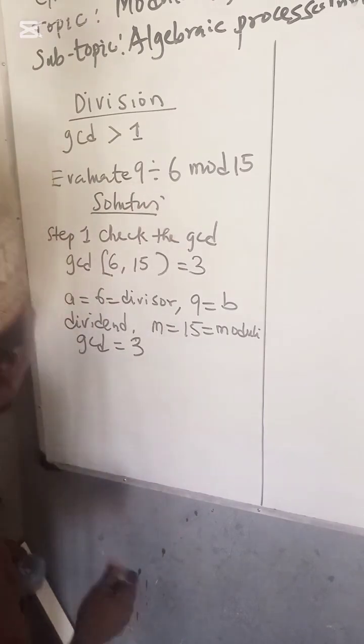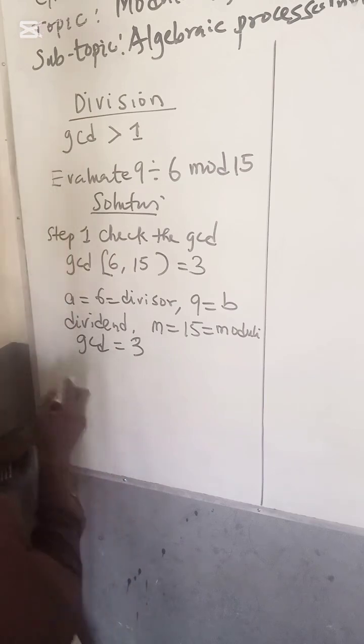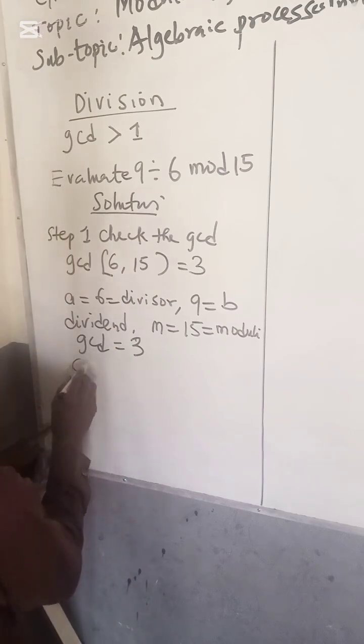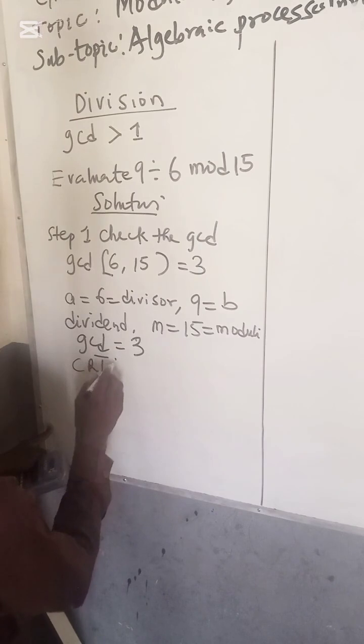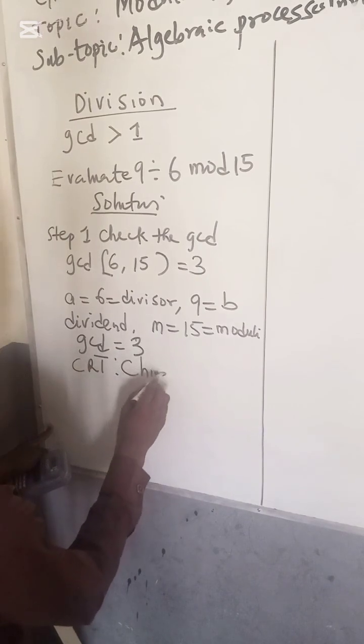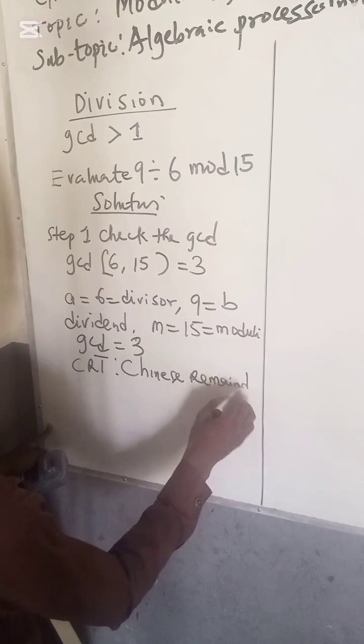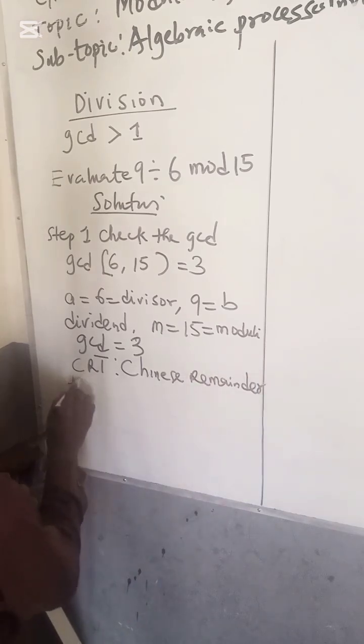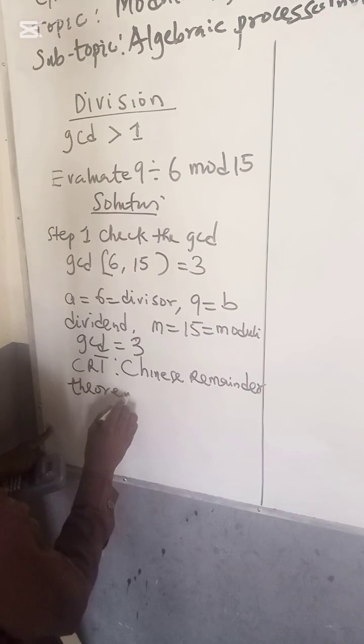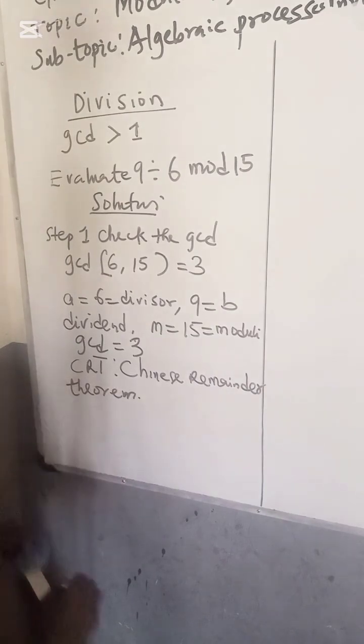Now, what do we do? We have to employ the service of a theorem called CRT, which is Chinese remainder theorem. And what does that theorem state?